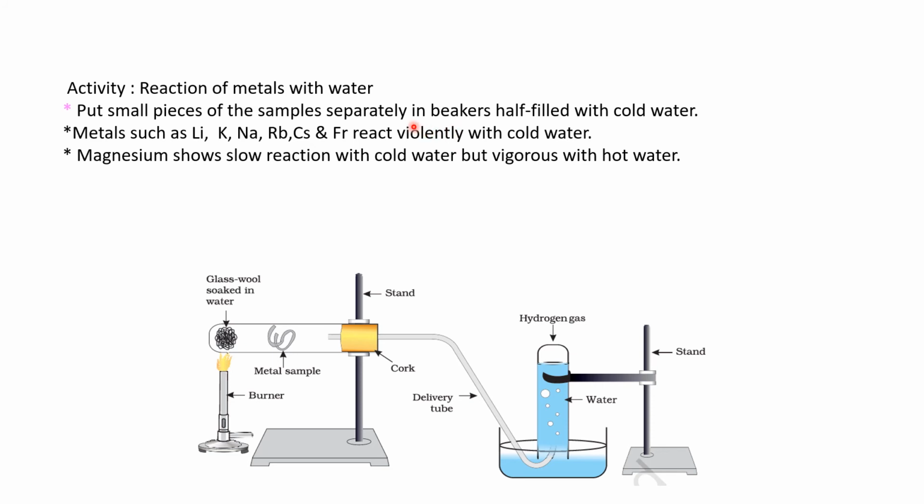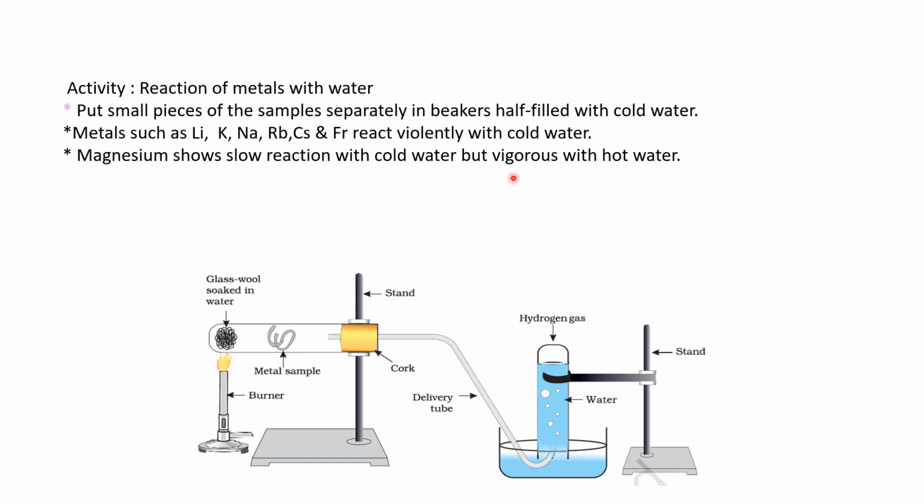So here when metals are taken and made to react with cold water, metals such as lithium, sodium, potassium, rubidium, cesium and francium react violently with cold water, meaning they react very immediately with cold water. And a metal like magnesium shows a slow reaction with cold water but a vigorous reaction with hot water.